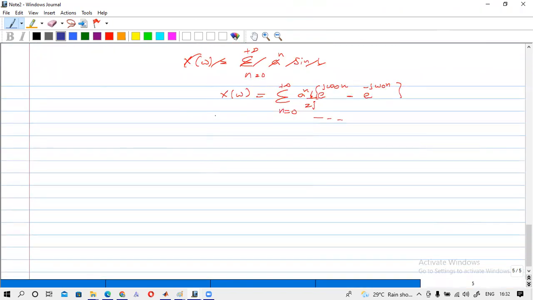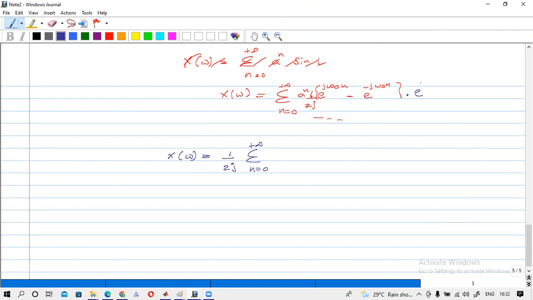So here I have X of omega. Now I think I have confidence, maybe we can get the proper answer. So 1 by 2j I get out. So we have the sum from n equals 0 to infinity. Sorry, here also one part we were missing.